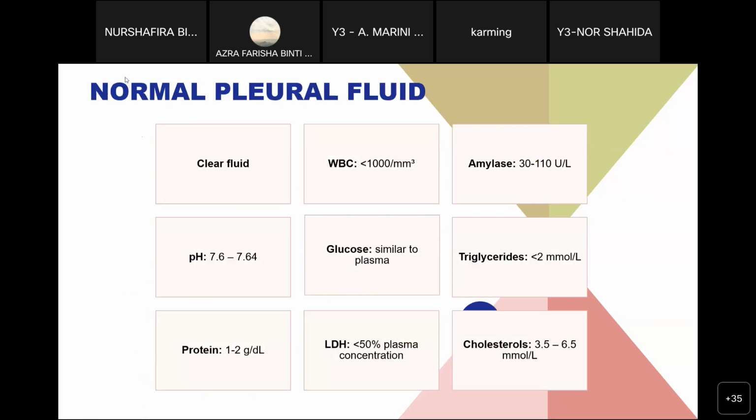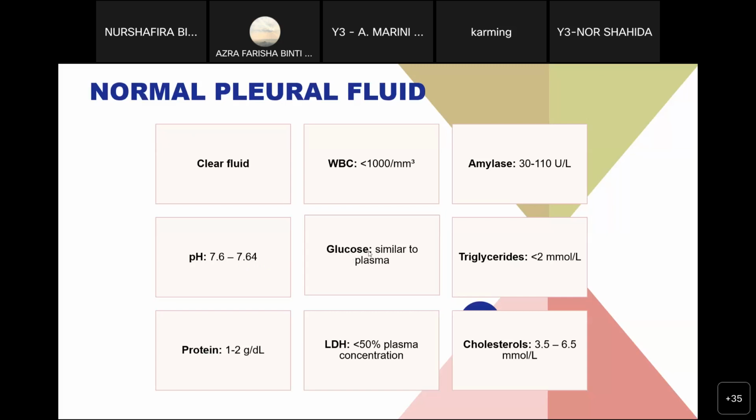So this is the content of normal pleural fluid. It is clear in color. It has a white blood cell count of less than 100 per millimeter square, and it has amylase and pH 7.6 to 7.64.